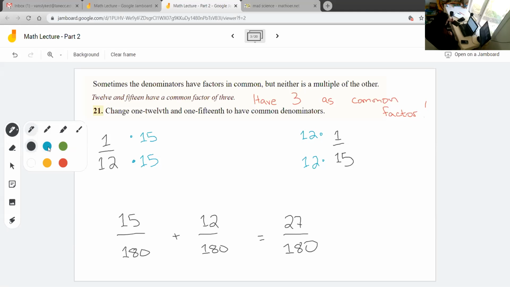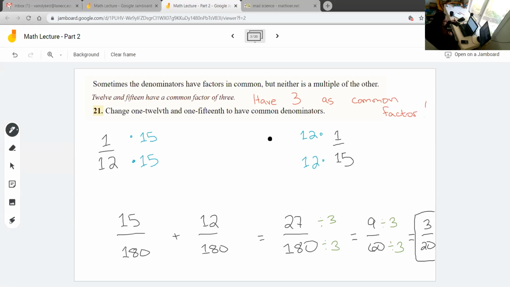So far, so good. Now I need to reduce. Well, let's do it a different color. And finally, we're done.